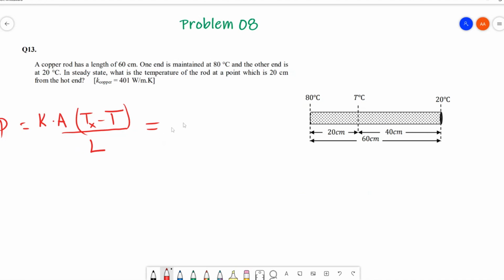So here it's K, I will calculate it between 2 points here, K (T minus 20). So I calculated it between this one and this one. This is on the left. I need to write the distance 40 centimeters here. And if I calculate it between this point and this point, I will write L equal to 20 centimeters.